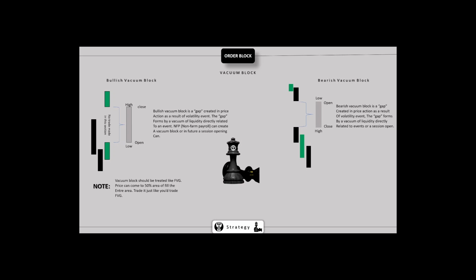That's why I've indicated this candle here. This candle is just made to fill in that gap, to help you realize that it is nothing other than the FVG, but indicated by a gap which was a result of high liquidity, high impact news or a session opening.